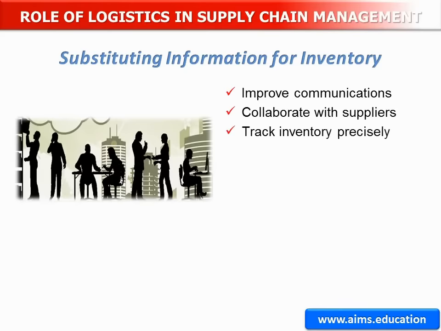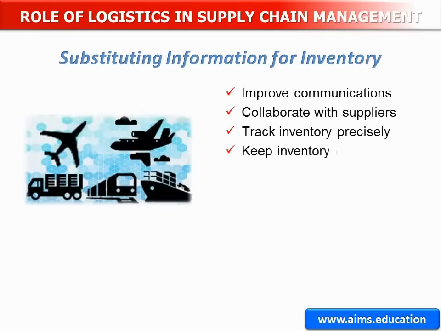Track inventory precisely. Track the exact location of inventory using barcodes and/or radio frequency identification with global positioning systems. Keep inventory in transit. It is possible to reduce system-wide inventory costs by keeping inventory in transit.